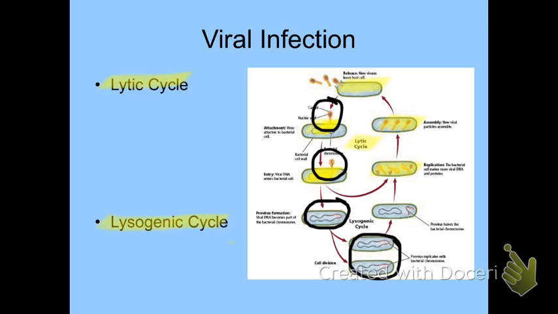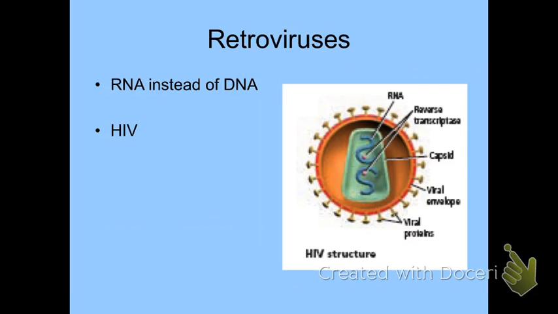Then at some time down the road, the viral DNA starts producing more copies, the viruses are assembled, and the host cell bursts and releases those viruses into the bloodstream of the host organism. What you see with a herpes virus or chickenpox are viruses that go latent, but under times of stress, when your immune system just can't keep up, that's when you see those show up.